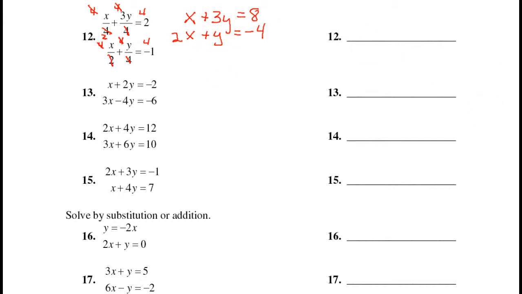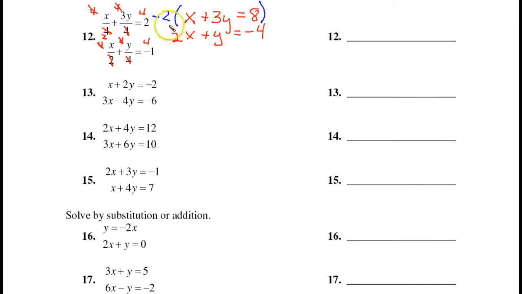So if I take that first equation, and this is the artisan or the artist way of doing things, I'm going to multiply every term in this equation by a negative 2. Why?